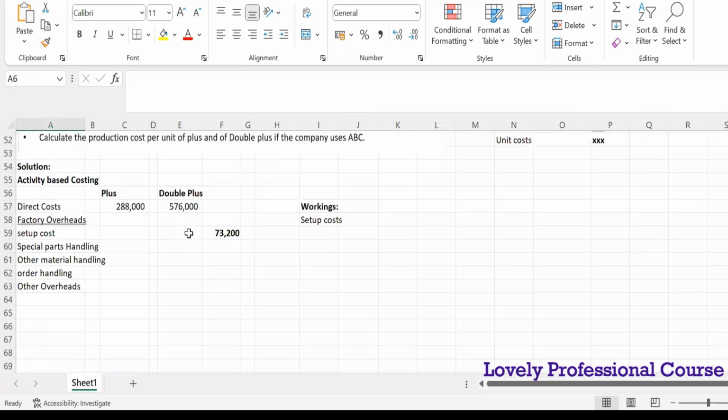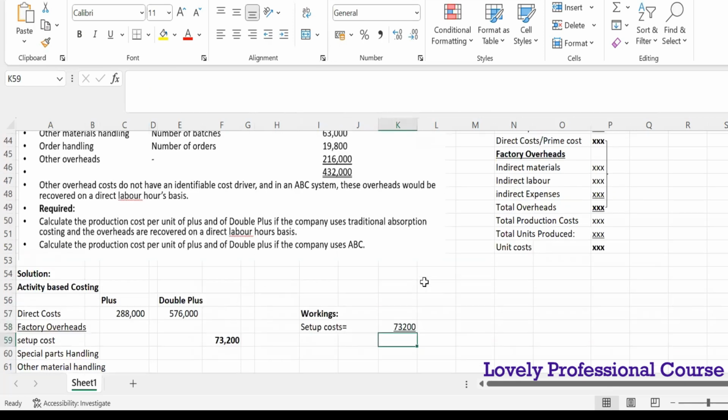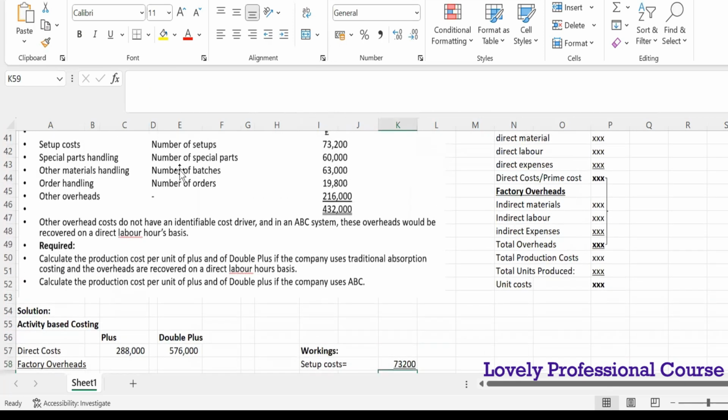So here the setup cost incurred is 73,200. That is the cost incurred here. These are total costs incurred. When you look at setup cost, the money spent annually to set up the machine was 73,200.